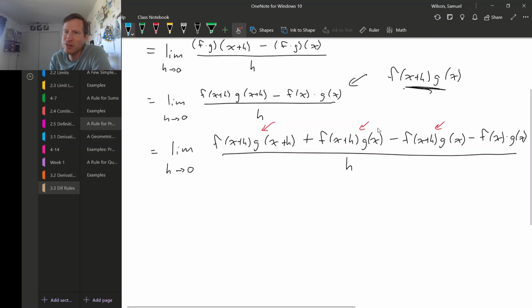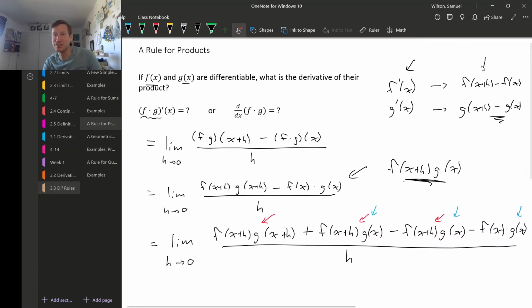But there's also a g of x here, here, and here, so we might group some of these terms and factor out the g of x. Remember, what we're ultimately trying to arrange is for these differences to show up: f of x plus h minus f of x, and g of x plus h minus g of x.